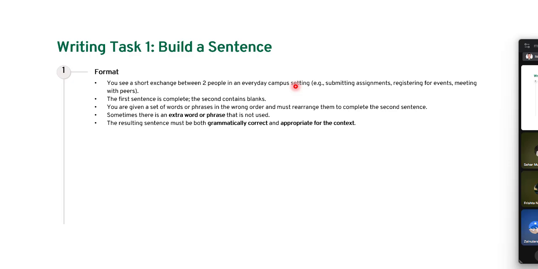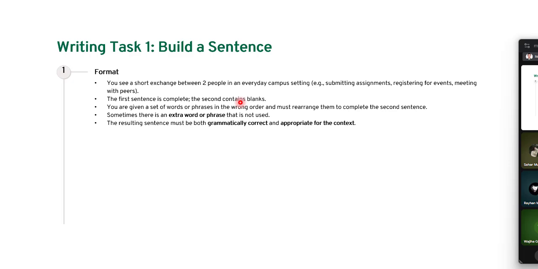So there is a specific sentence that explains the scenario or asks a question or makes a statement. And then the second sentence contains blanks, spaces where we have to put these scrambled words one after another in the right order to make a complete sentence.